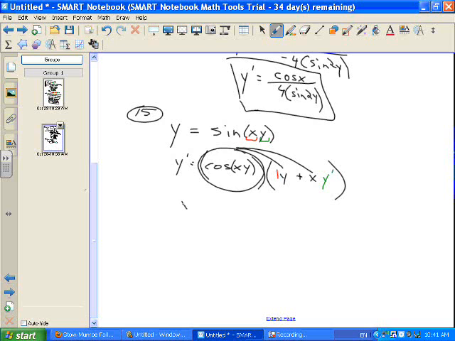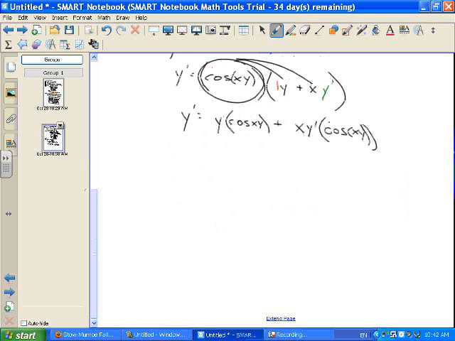Right, so I get y prime equals y cosine of xy plus xy prime cosine of xy. The y prime things need to be on the same side, so I'm going to get y prime minus xy prime cosine of xy equals y cosine of xy.